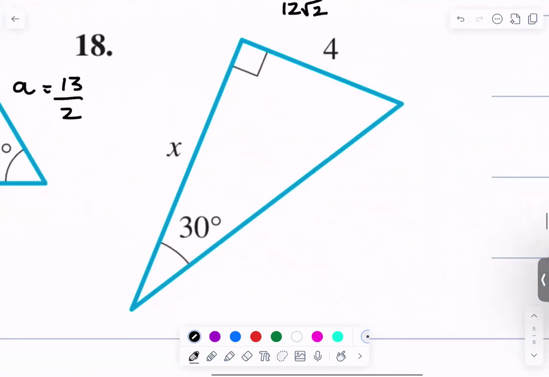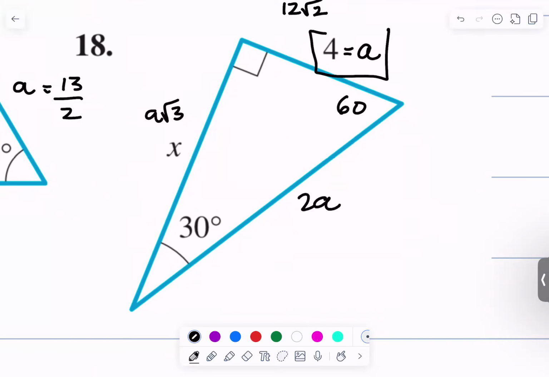Okay, for this one, 30, 60, and then 90. I know that the side opposite to 30 is A, opposite to 60 is A square root of 3, opposite to 90 is 2A. So you have your A value at 4. So this is 4 square root of 3, and this would be 8.